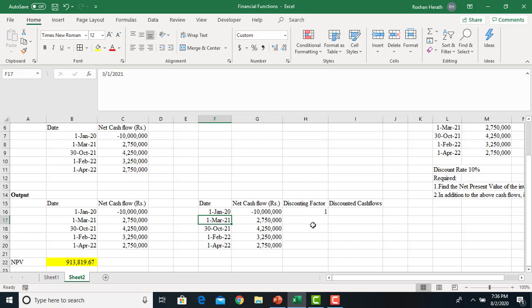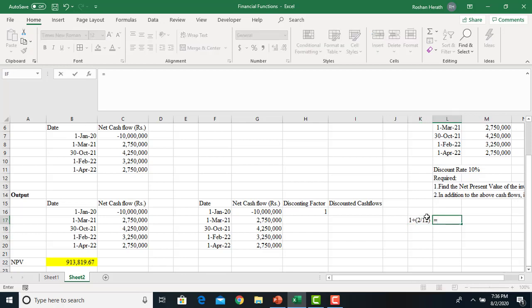From 1st of January 2020 to 1st of January 2021, you have 12 months, and then February and March, another 2 months. Therefore you can take it like 1 plus 2 divided by 12.